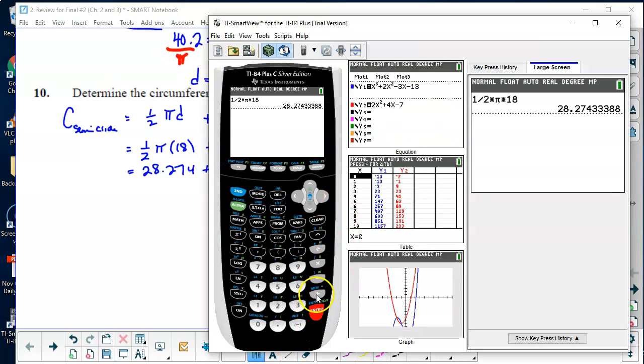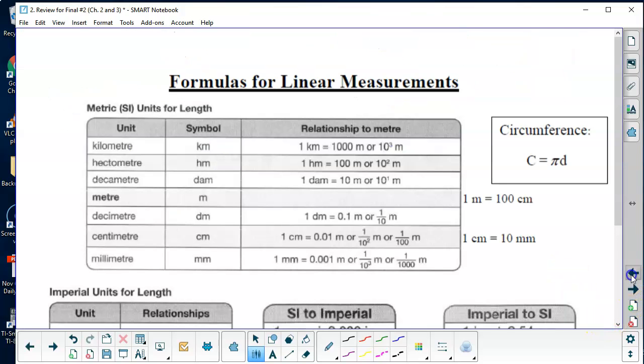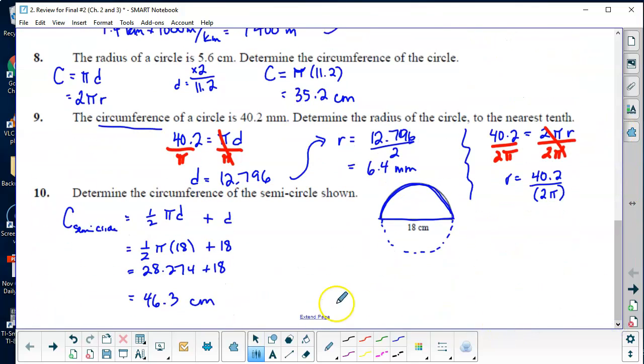If you just press plus 18 now, we get 46, and we'll round to the nearest tenth, 46.3. Because it doesn't say what to round to, but that's what we'll go to. Okay? And then we're done. It's just one page for this one. Okay?